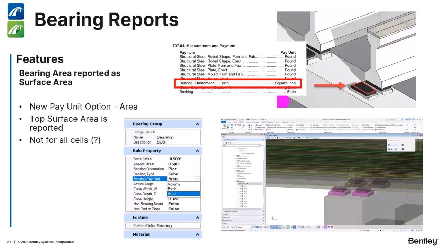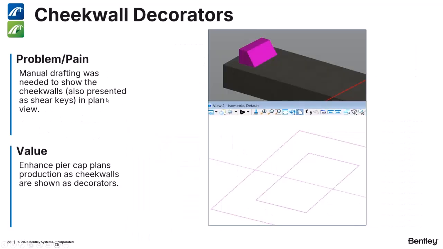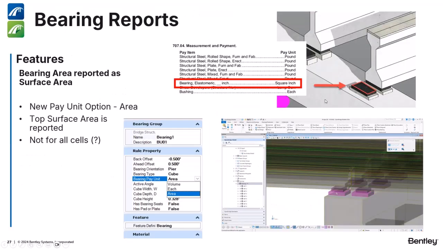And speaking of that, now the bearings, as we used to report, now we can report it as a new unit. We used to do it with volume of concrete. Now we added surface area for this, right?